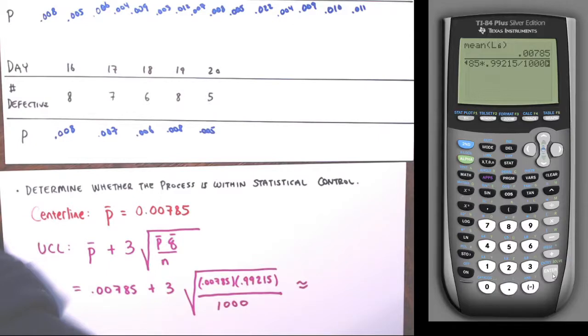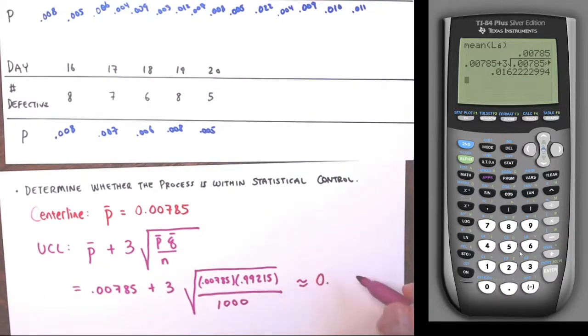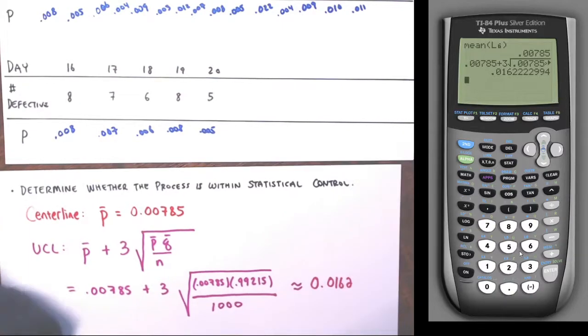Either the square root extends over it, or you put parentheses around it. So the upper control limit is approximately 0.0162. Right, so let me enter that.